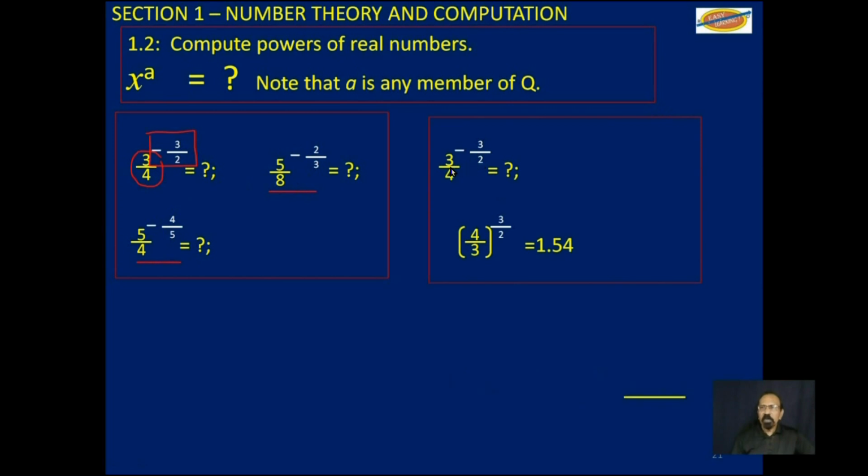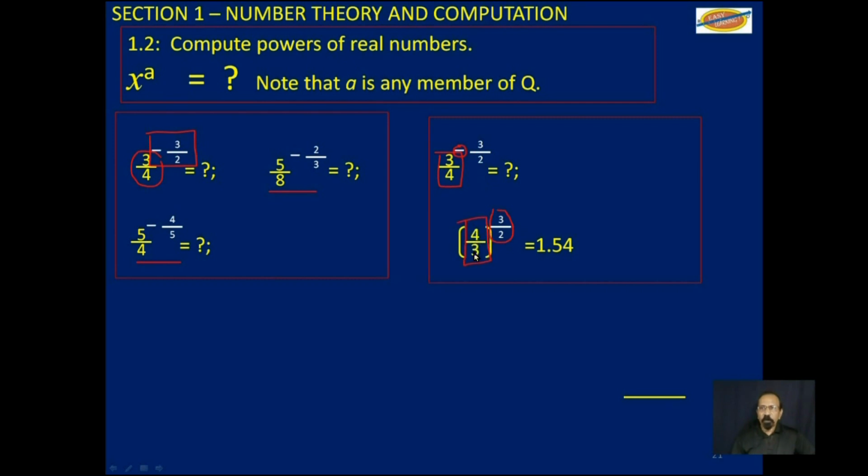What you do is that you invert that and you remove this negative. So 3/4 to the -3 power becomes 4/3 to the 3 power. This doesn't change. This is inverted.